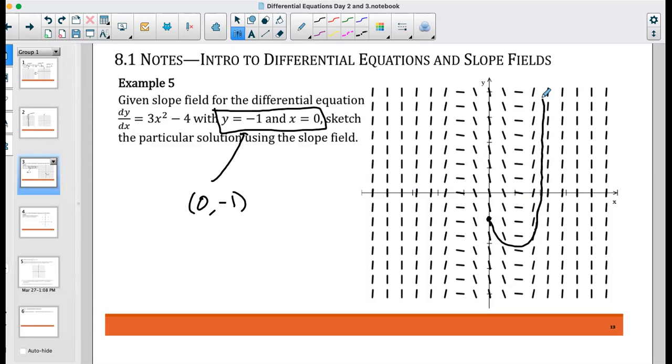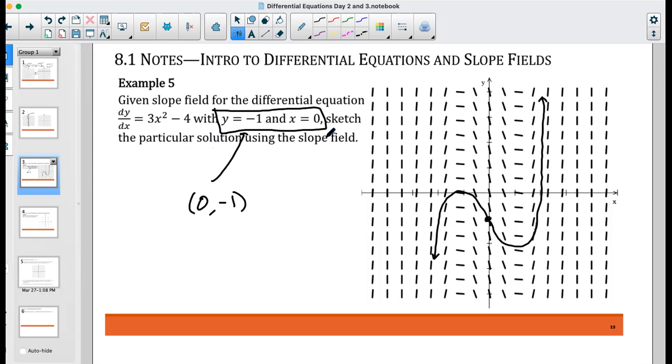It parallels these little slope lines. You try to draw these curves so that they're relatively parallel to these lines. This gives you a feel for the shape of the picture, but you have to sketch in these curves and make them as close to parallel to each line as you can. So that's another question I can ask you.